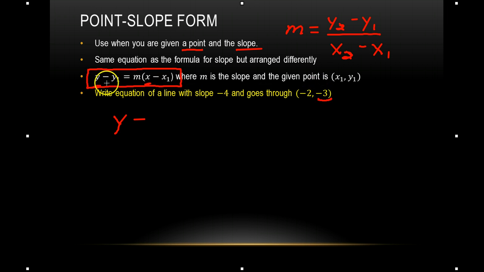So it's y minus a negative 3. That's equal to my m, which is slope, so it's negative 4, times the quantity of x minus my x value, which once again is a negative, so I need to put parentheses in there.